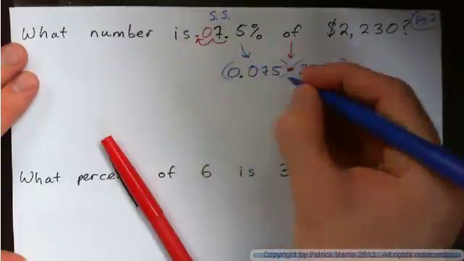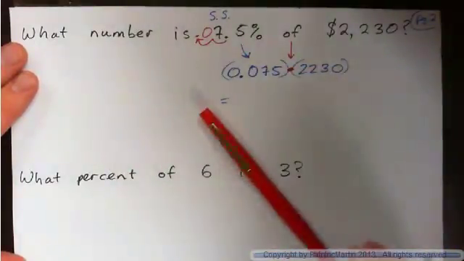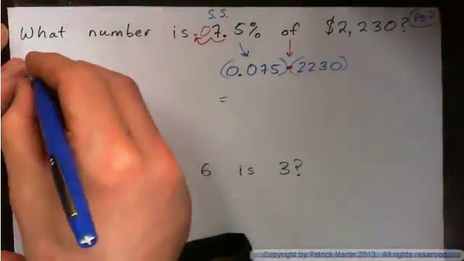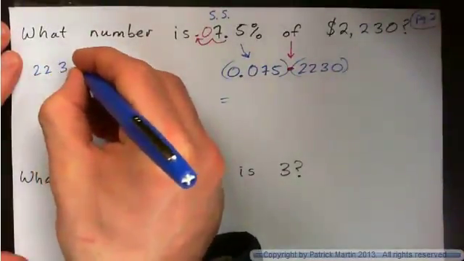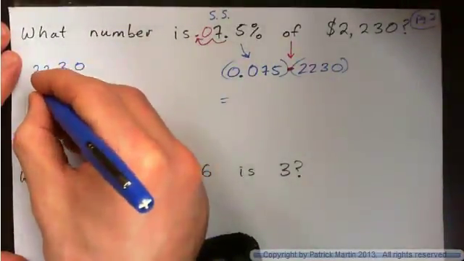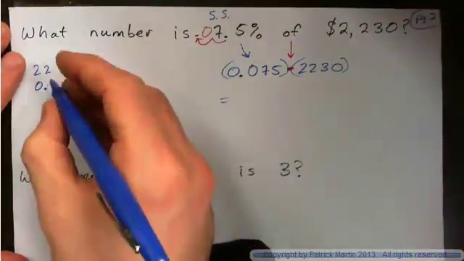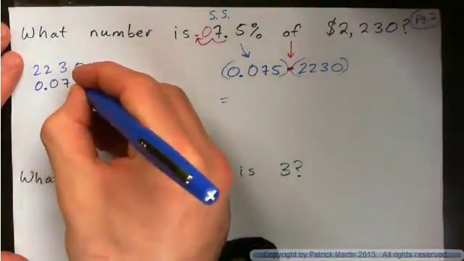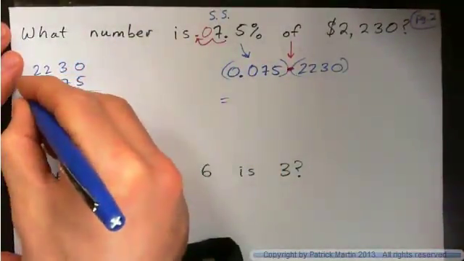So it's this times this, and then you just calculate that. So 2230 times 0.075, multiply them.